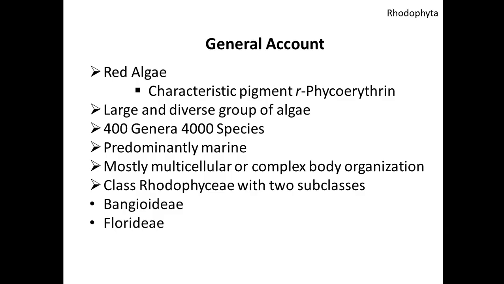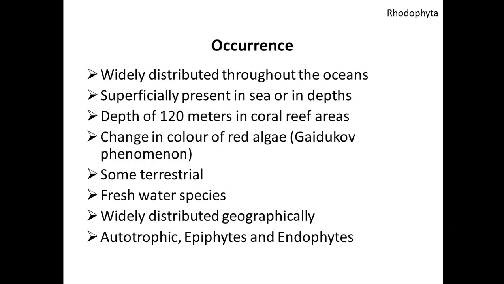Now, the occurrence of Rhodophyta. As it is an aquatic alga, it is normally found in all oceans. Generally, they are found on the upper surface of the water, where there is an abundance of light, and also in the depth of the ocean, where there is little light to penetrate.